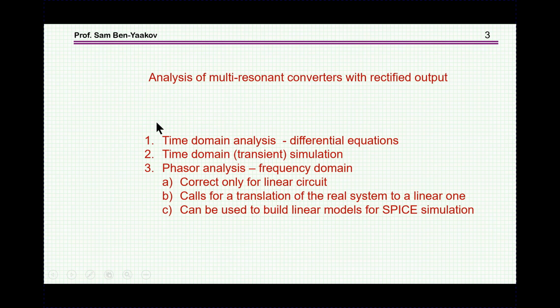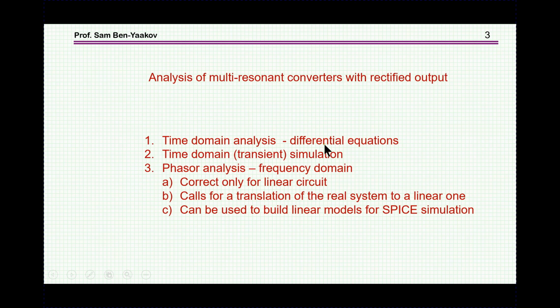Now, the analysis of a multi-resonant converter is not simple, and there are a number of ways one can go about it. Number one is the time domain analysis. That is an analytical way to write differential equations, try to solve them, presenting then hopefully closed form solutions.